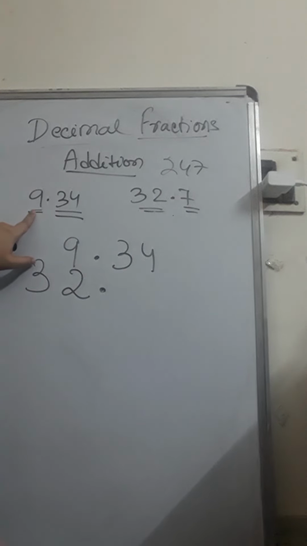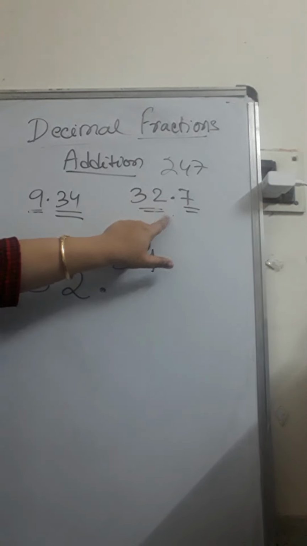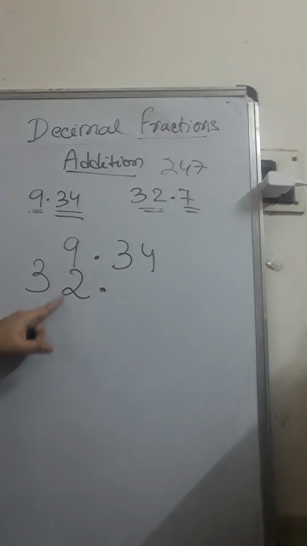Because check it, the position of 9 is just before the point. That means it is in the units place of the whole number. Similarly, here the position of 2 is just before the point. So the numbers in the units place should be written under each other, and 3 is in the tens place. So it is written like this.